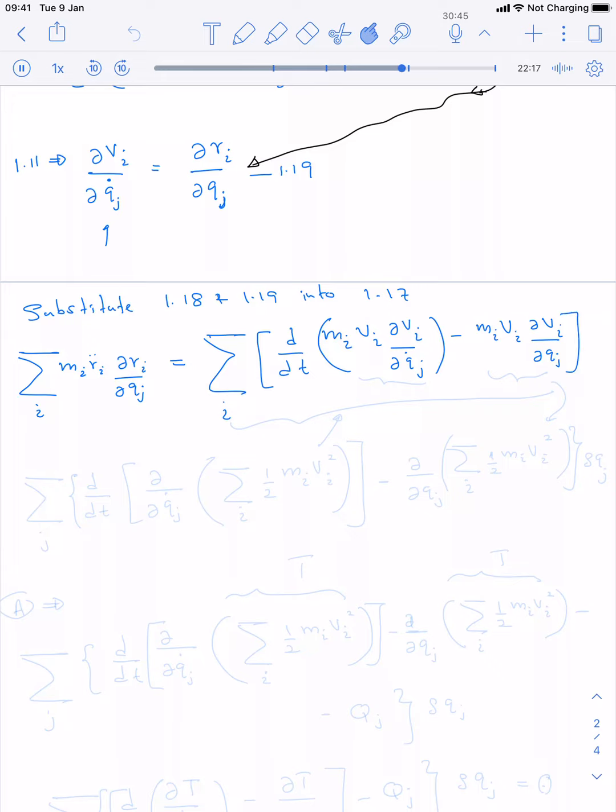So this is the complete expression. Now I have an expression for mi ri double dot times ∂ri/∂qj, so I can take that expression and plug it into the very first step I had here, which is 1.16.